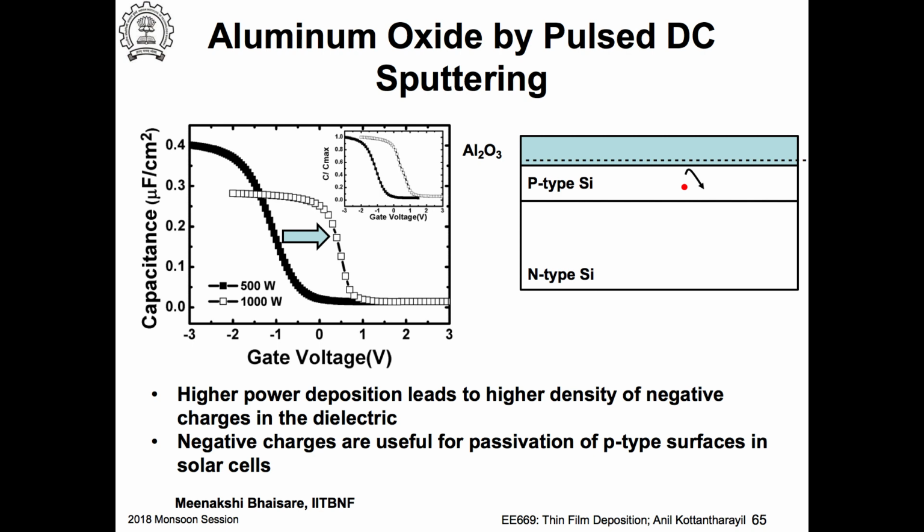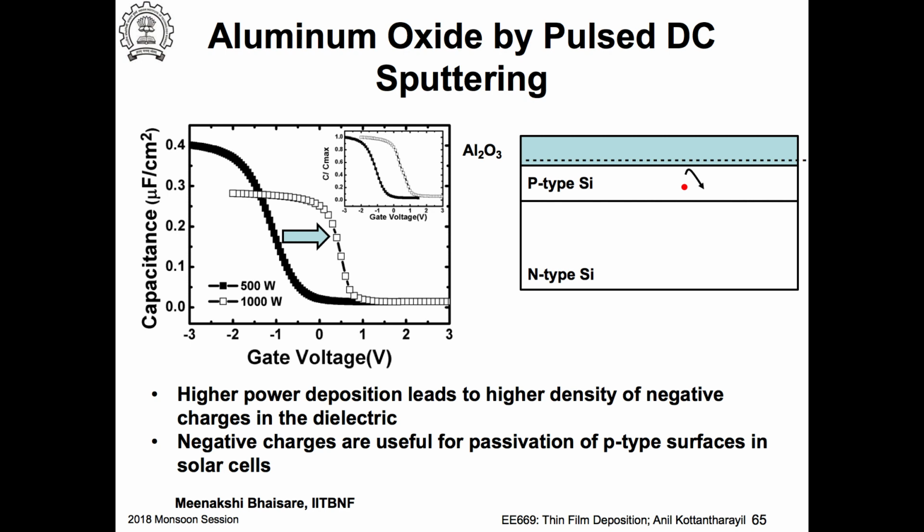Something I already mentioned: you have aluminum oxide by sputtering, at 500 watts and 1000 watts. You have a shift in the CV, which essentially means an increase in the negative charge. This is used for passivating silicon surfaces in photovoltaic applications.